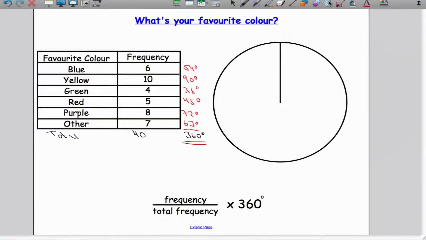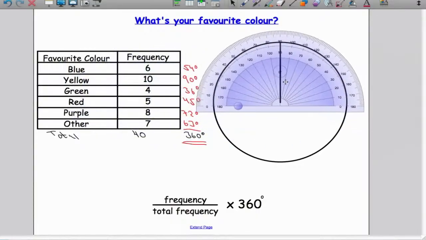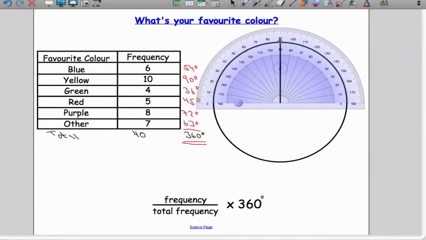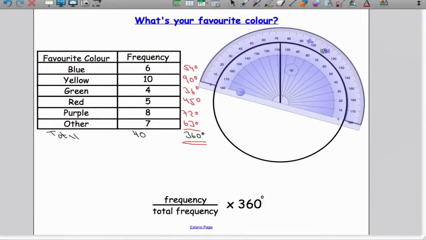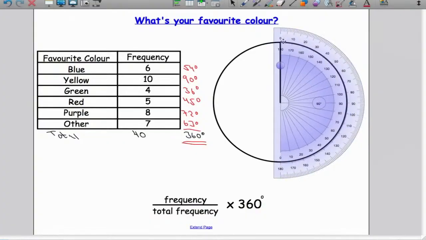Next thing we got to do is get out our protractor and we're going to start drawing in our segments. So we're going to start off, we need an angle of 54 degrees. So turn your protractor so that you're measuring from 0, which is right up here in this case, and I need an angle of 54 degrees. So following around from 0, 54 degrees is going to be around about there.